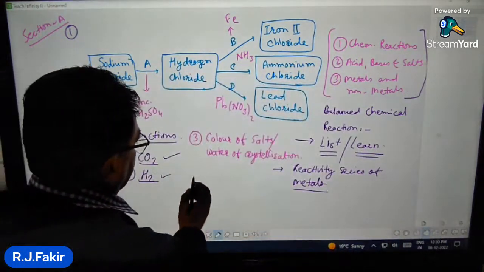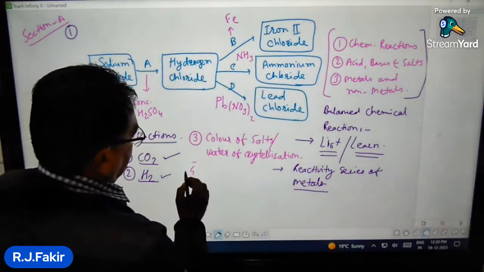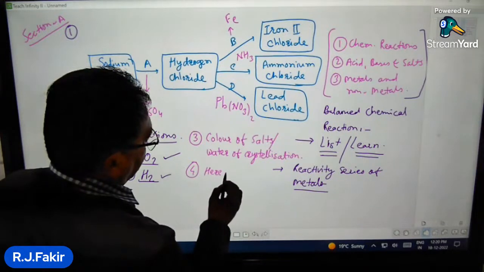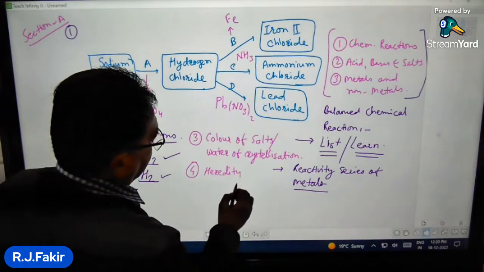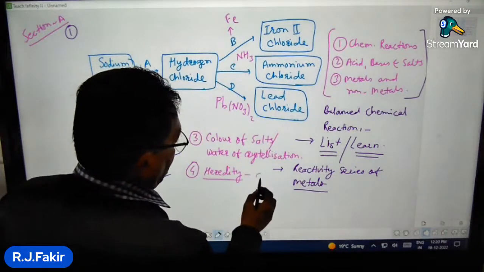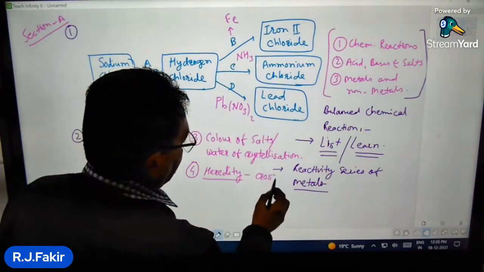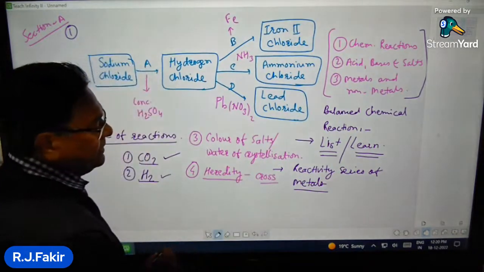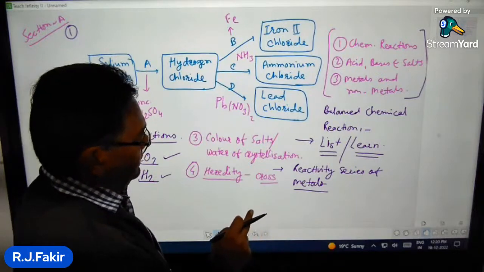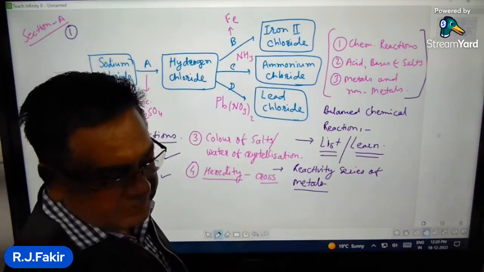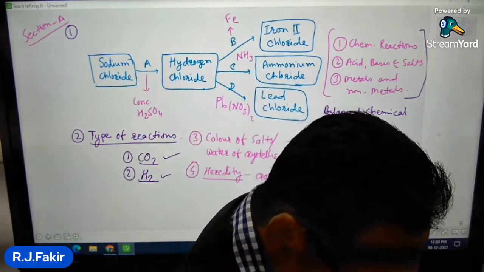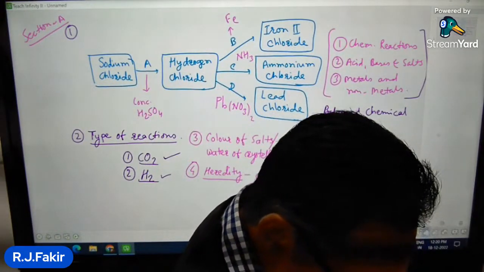One question will be on heredity, specifically those crosses, monohybrid and dihybrid, like capital T, small t, which is the dominant character, which is the recessive one, that kind of questions.